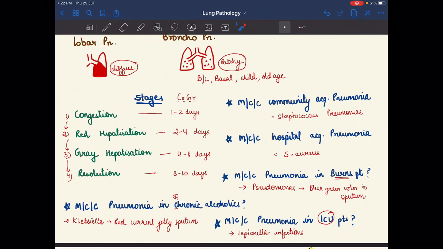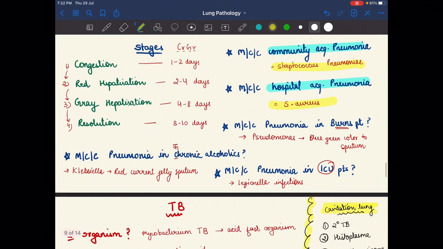The most common cause of community acquired pneumonia is Streptococcus pneumoniae, and hospital acquired pneumonia is Staph aureus. Pneumonia in a burn patient is due to Pseudomonas, which gives a blue green color to the sputum.